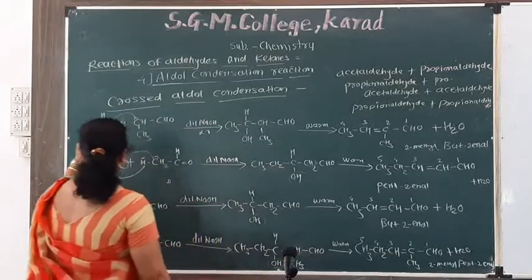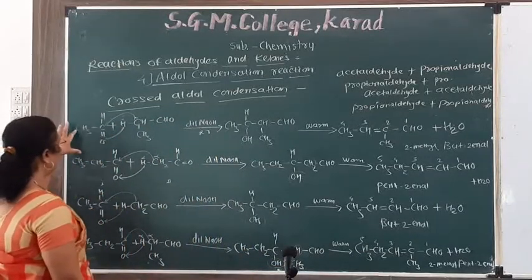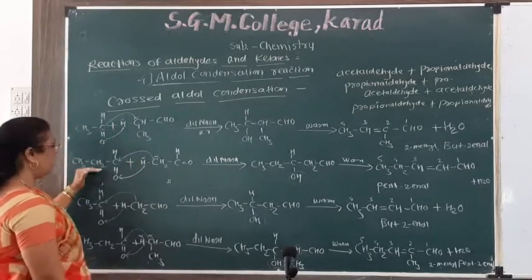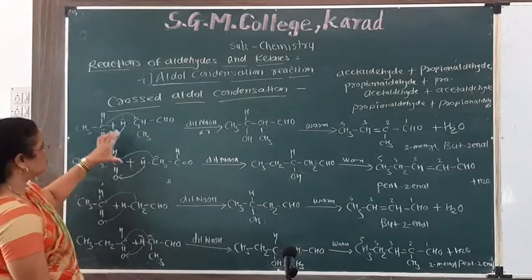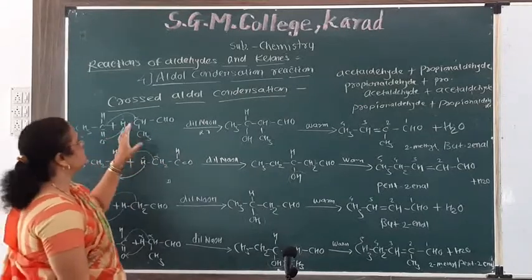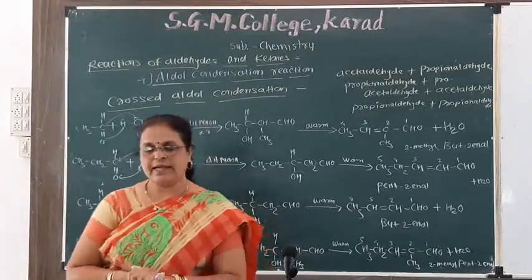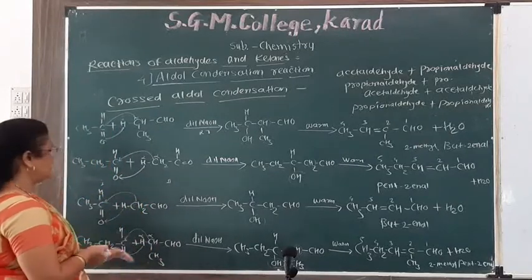Means here first ethanal and propanal, then propanal and ethanal. These two reactions are known as cross products. This is the cross condensation or mixed condensation, and this is a self condensation.